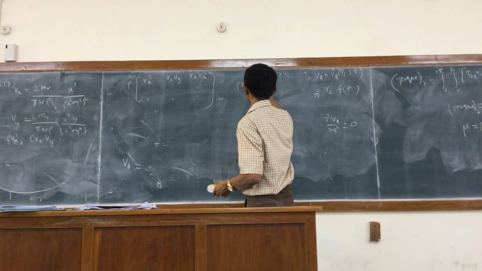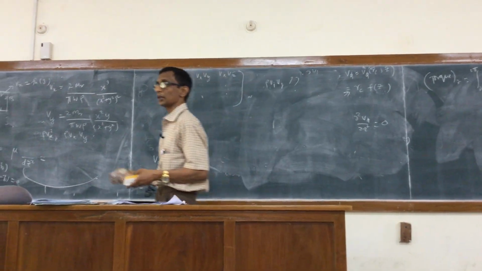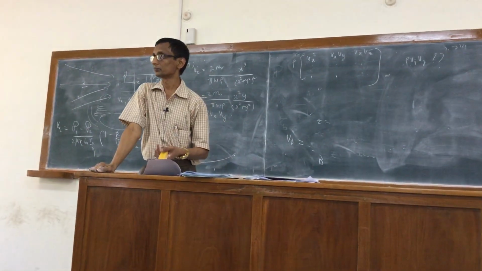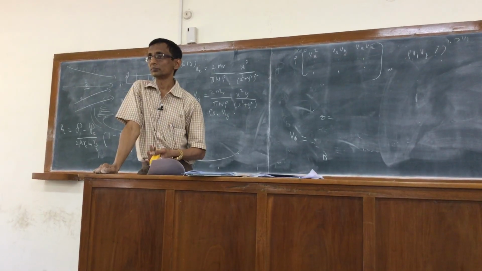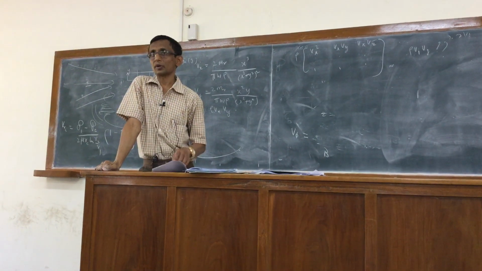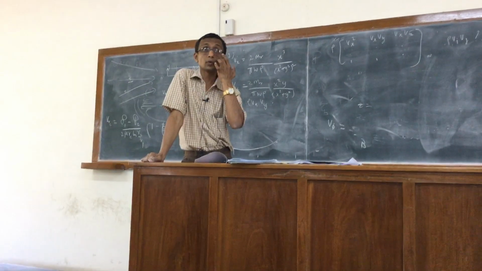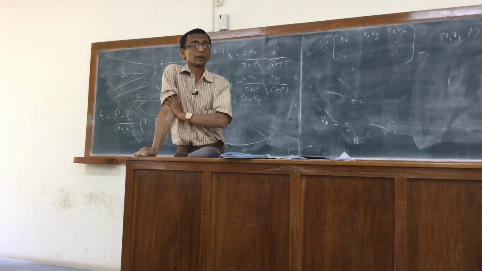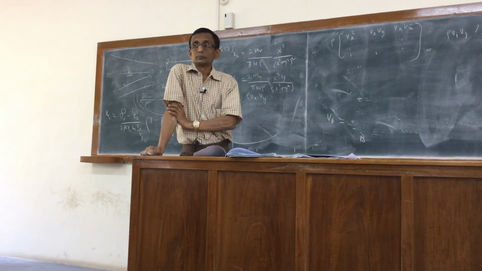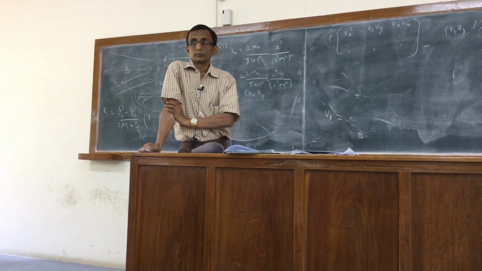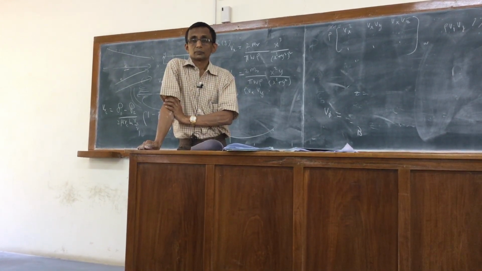What meaning can you give to this? It has two indices, it's a tensor. So what can you say about it? Stress on a surface perpendicular to the i direction due to momentum flow in the j direction.